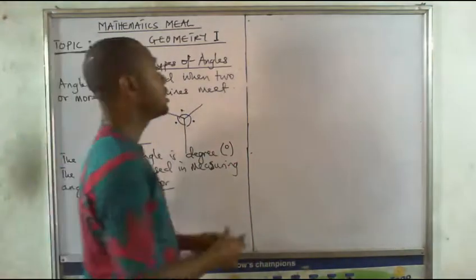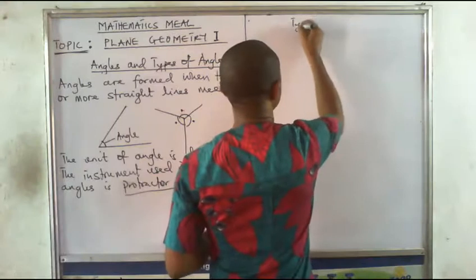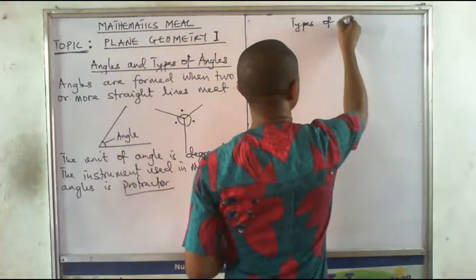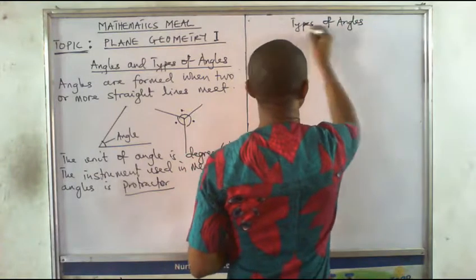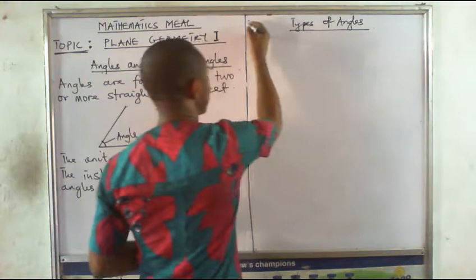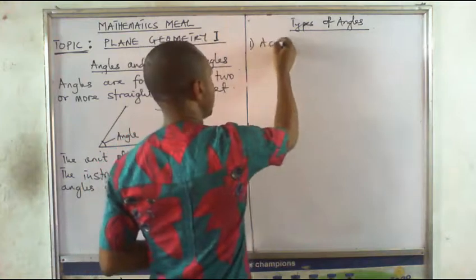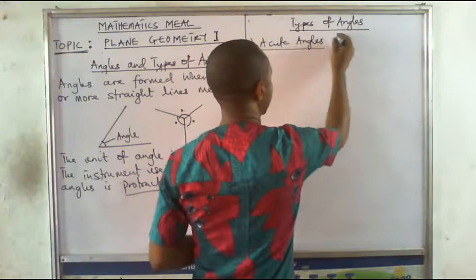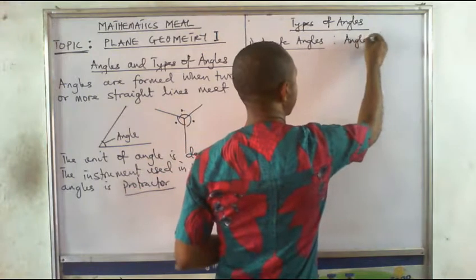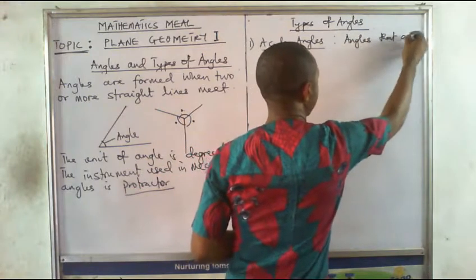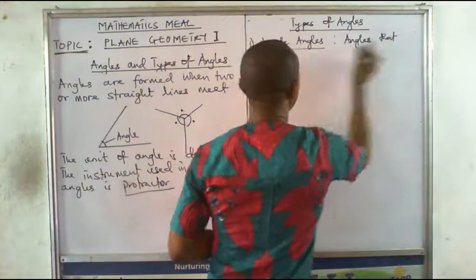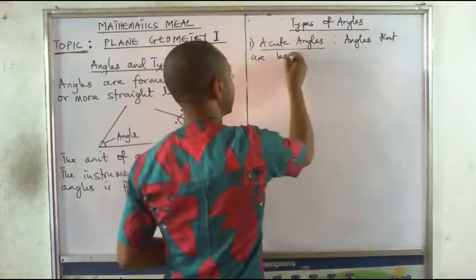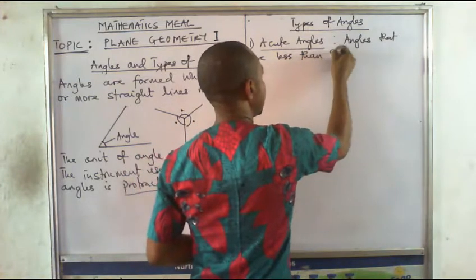Alright, let's look at some types of angles. There are so many types of angles. We just run through them. One, we have acute angles. They are angles that are less than 90 degrees.